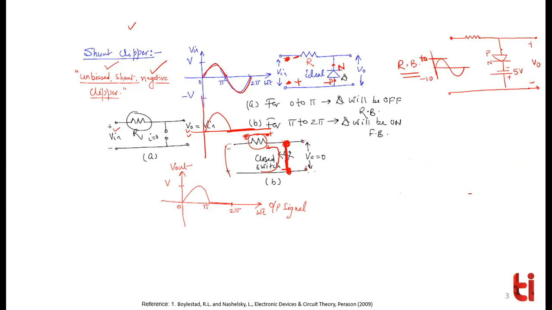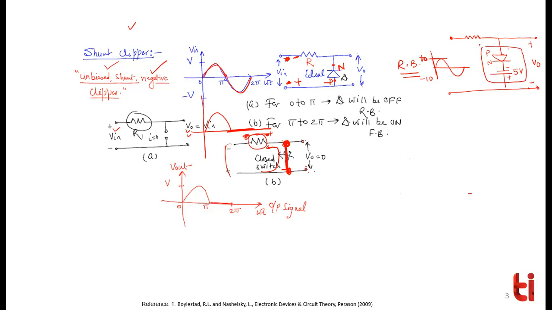So initially, let's understand, initially diode is in a forward bias because let's say there is no input voltage. P is connected to ground, N is connected to minus 5 volt. Because N is more negative than P, this diode is already in a forward bias.